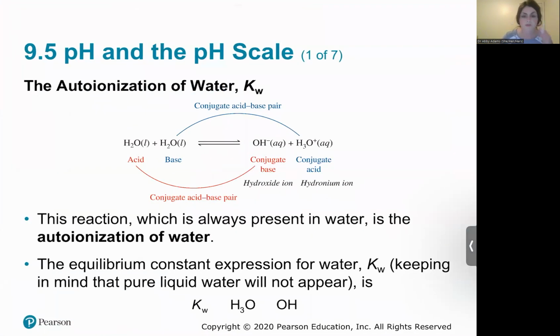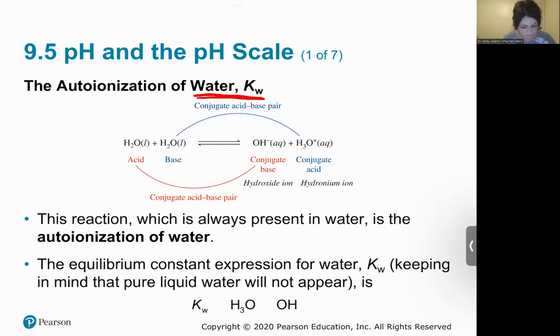All right, so now we're talking about calculating pH and measuring pH on a pH scale. So water has a constant too, an equilibrium constant, and that's going to be known as the KW, W for water, right? So once again, you'll see here, water can act as an acid and as a base, right?